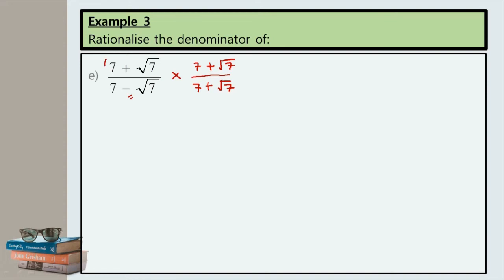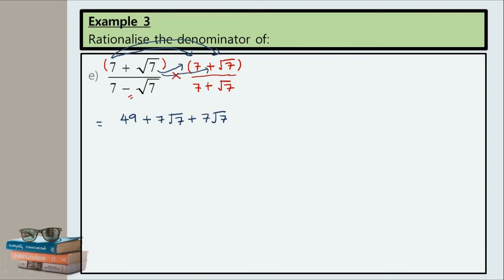After that, we need to expand. Expand 7 times 7, 49. 7 times surd 7 plus 7 surd 7. Surd 7 times 7 plus 7 surd 7.